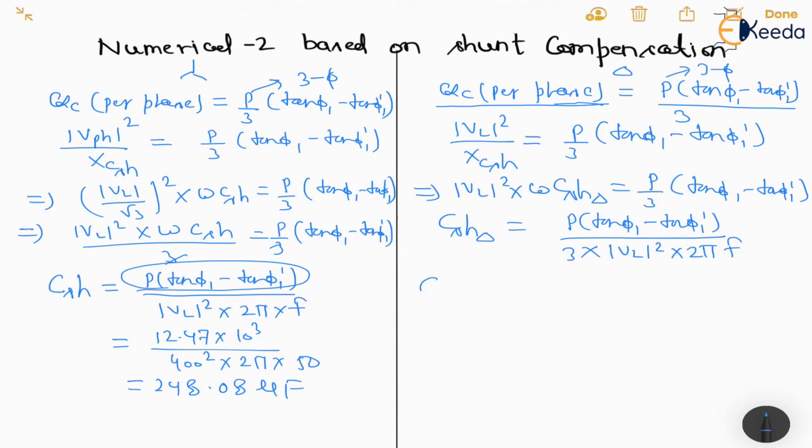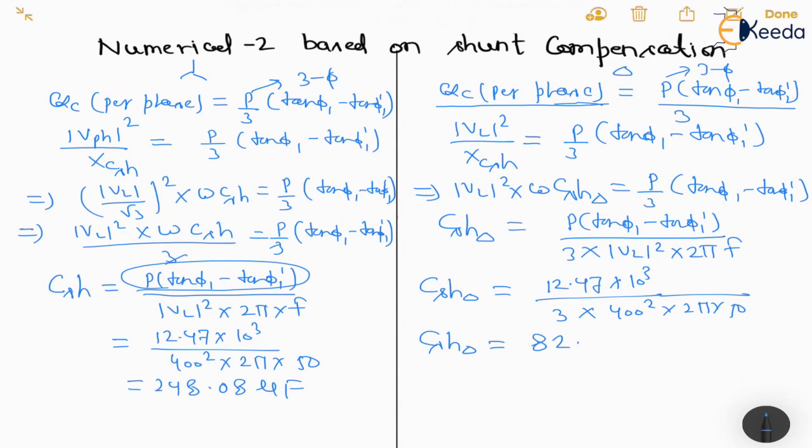So if you calculate the value of CSH of delta, putting this value, 12.47 into 10 to the power 3 upon 3 into 400 square into 2 pi into 50, CSH of delta comes out to be 82.6942 microfarad.